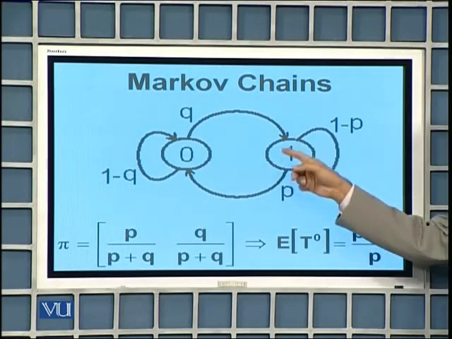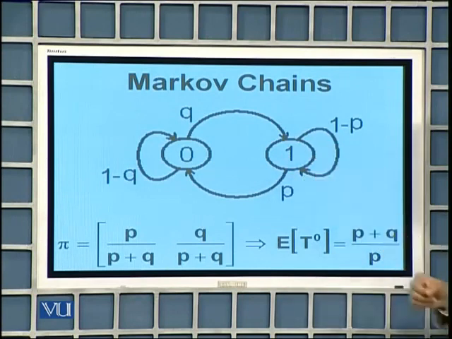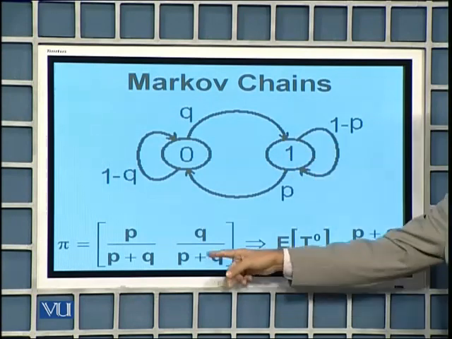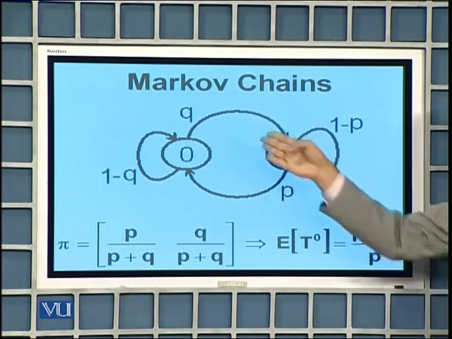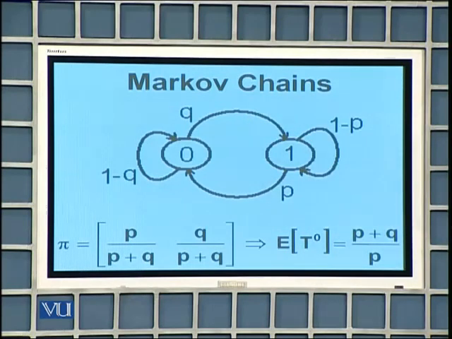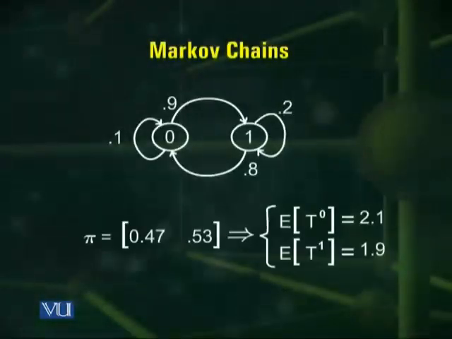Similarly, the average value of return times associated with this state is p plus q divided by q. Let's take a few numerical values for this p and for this q to see what these return values are.